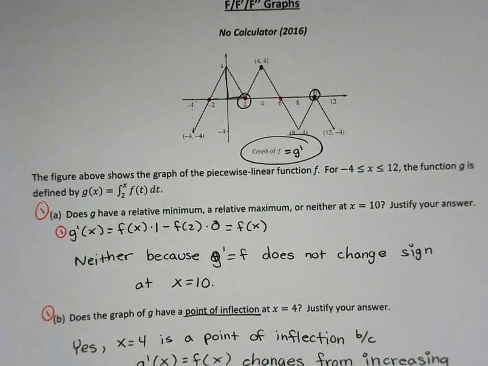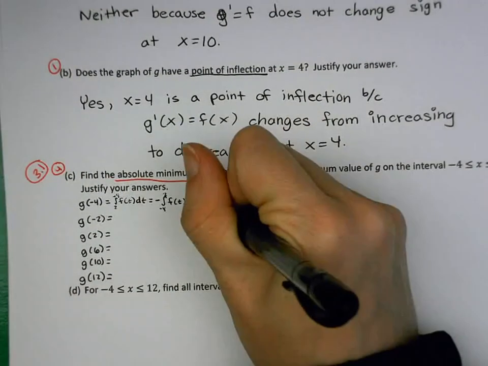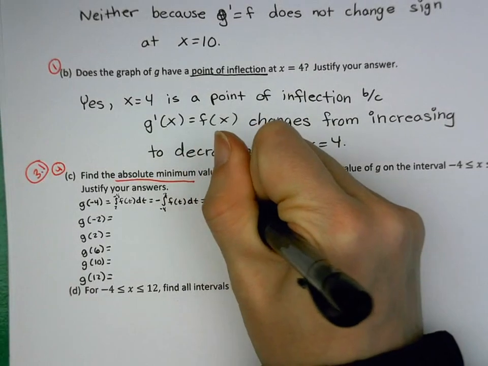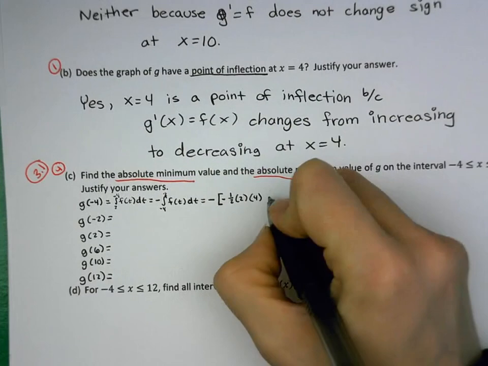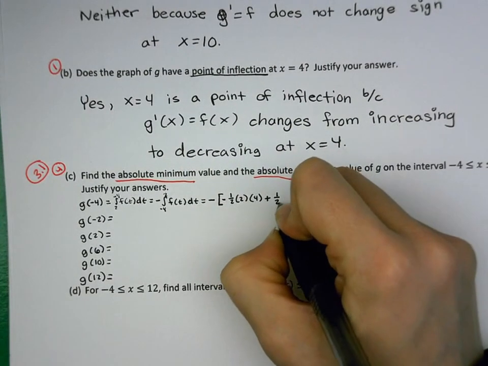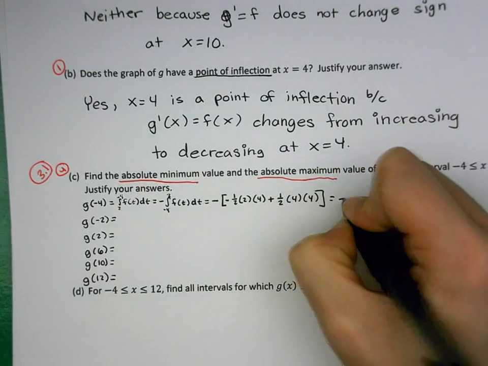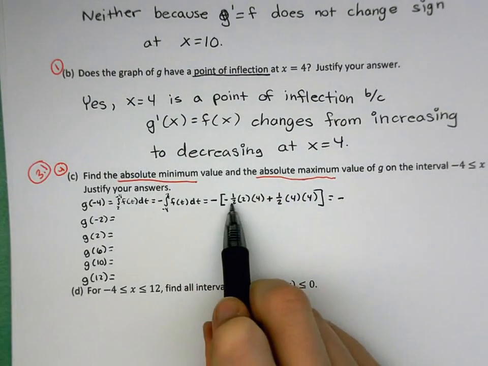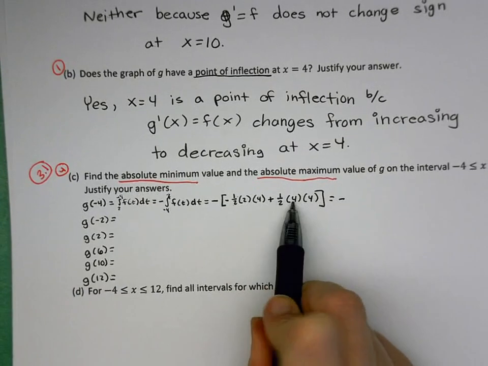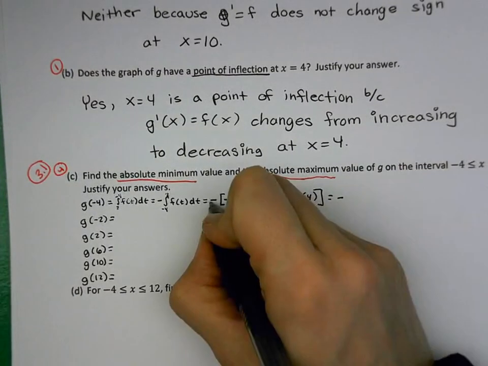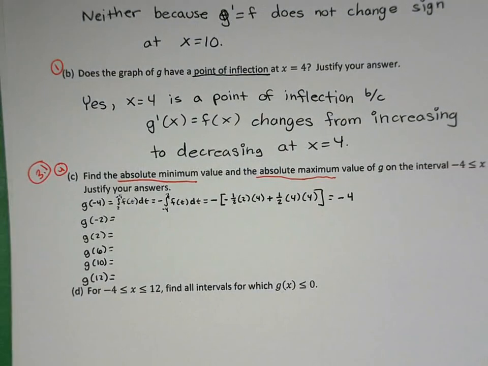And so negative 4 to 2 is negative 1/2 base times height for the triangle below, and 1/2 base times height for the triangle above, which simplifies to negative 4 plus 8, which is 4. And so this is negative 4. And then you repeat that process for each of them.